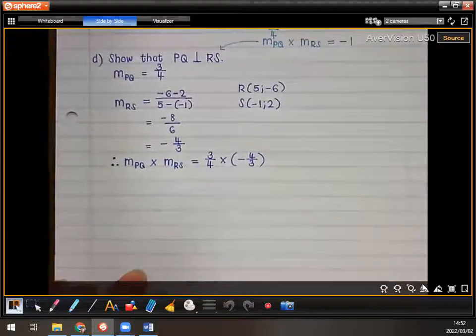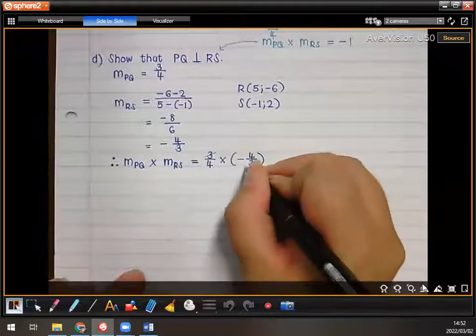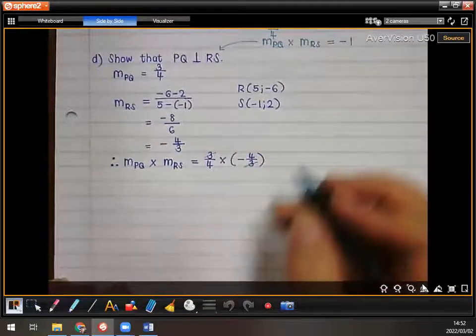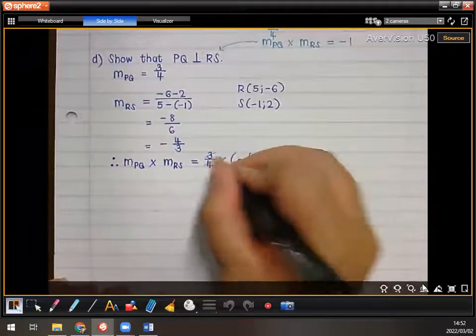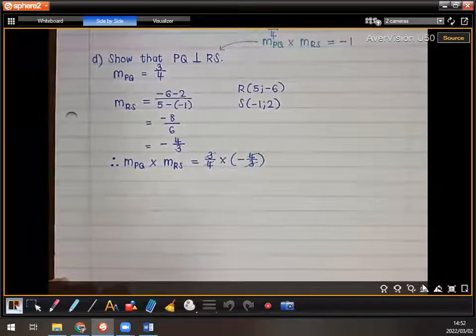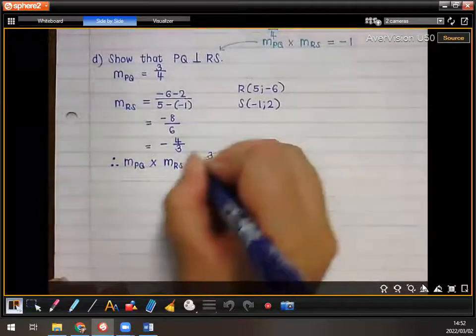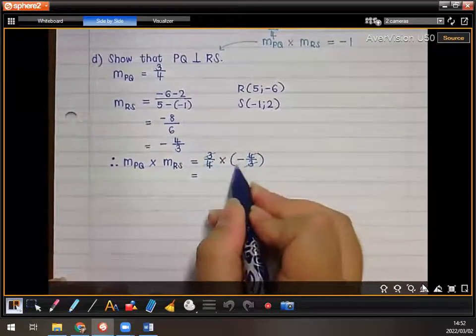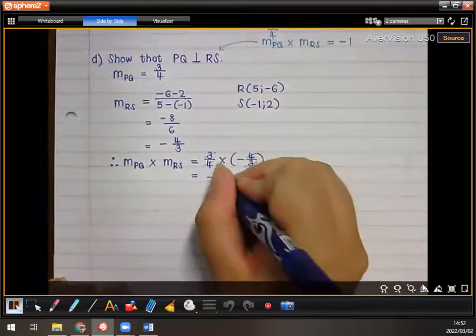Now what's going to happen here, guys? The 3's are going to cancel off, and the 4 at the bottom is going to cancel out the 4 at the top. So what's left if everything has been cancelled out? A negative, right? Negative 1.